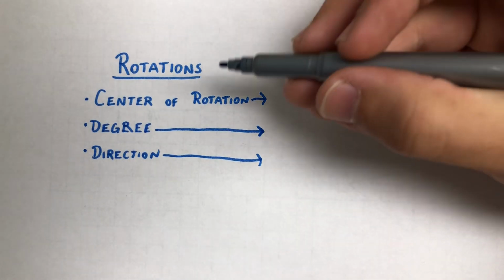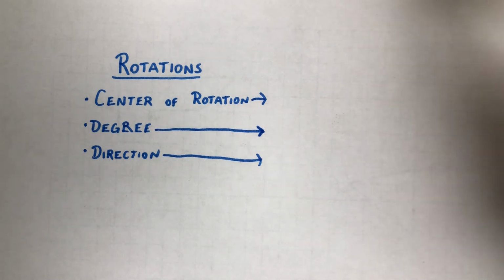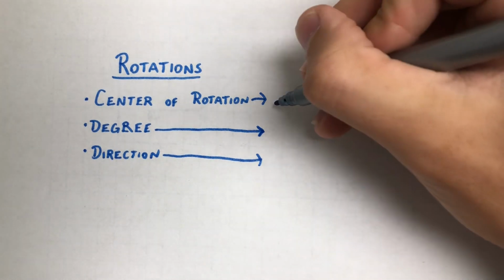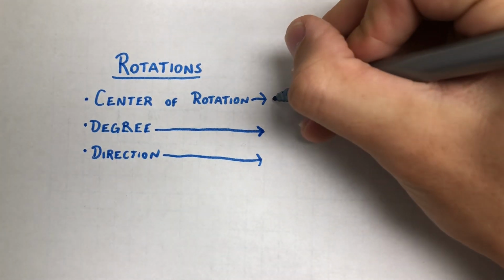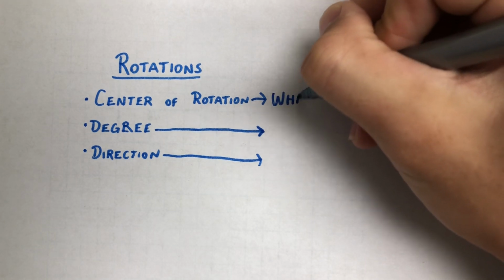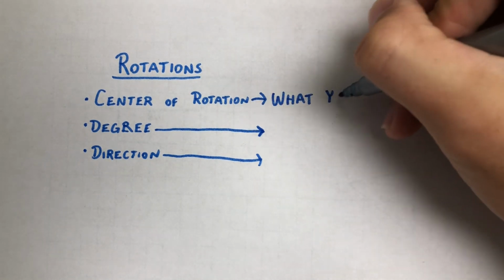The first one is you need a center of rotation. So this is just what you're going around, right? It's always going to be an x, y coordinate. What are you rotating around?